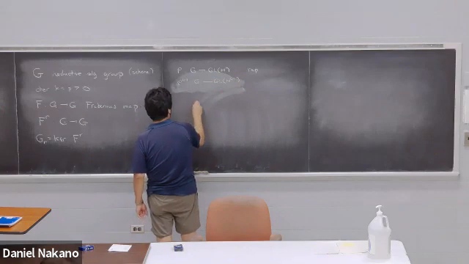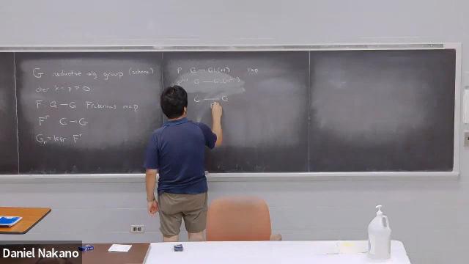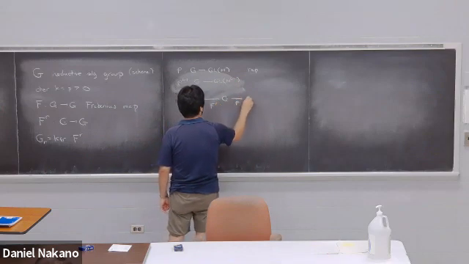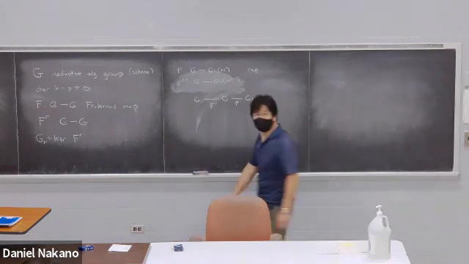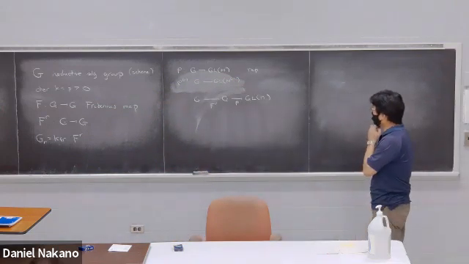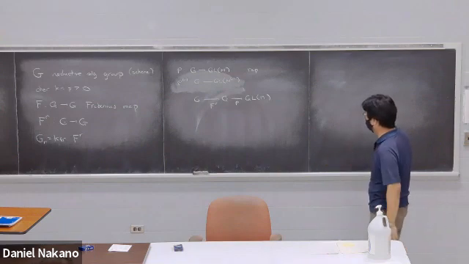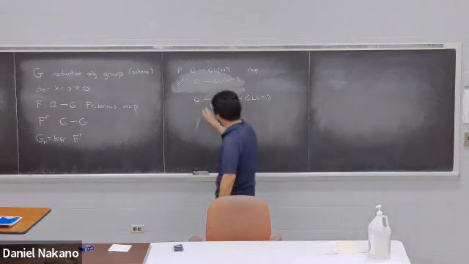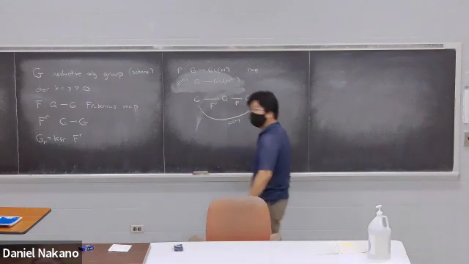And rho_r is just obtained by composing the Frobenius with the original representation. And so the Frobenius kernel G_r will act trivially on this representation.